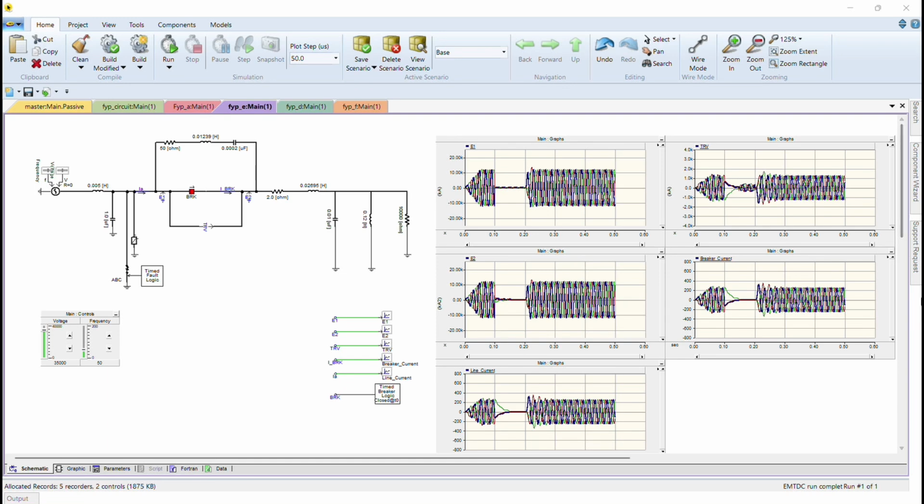The breaker current still shows some oscillation, but the spikes are reduced. And for the last one, the line current is similar to the breaker current. The line current is more stable. It means that the surge resistor reduces the intensity of the current, leading to less fluctuation in the current flow through the line.